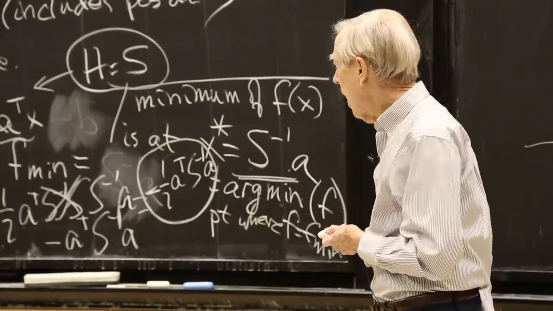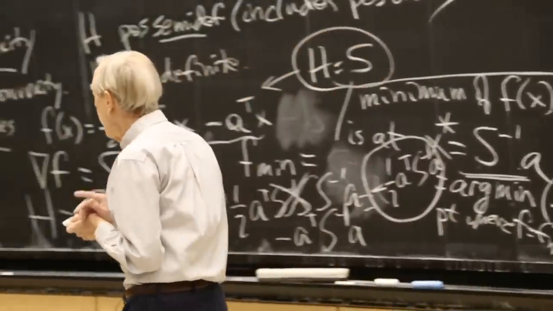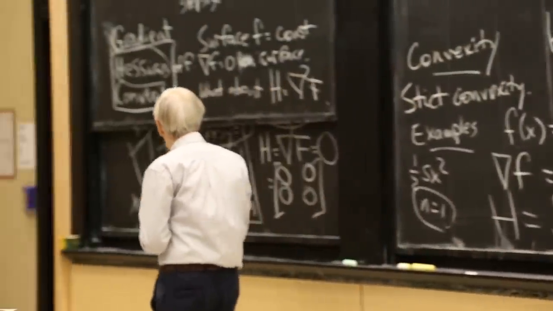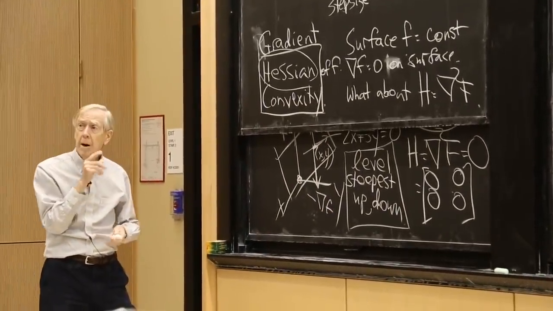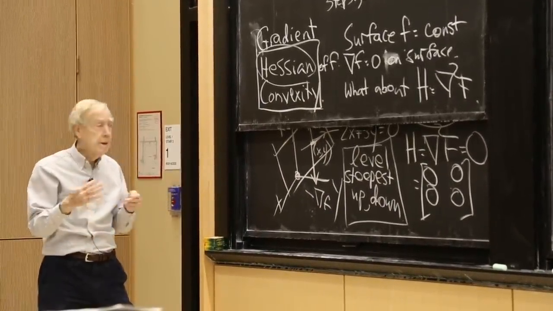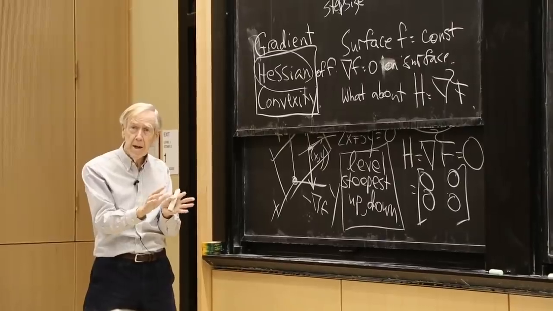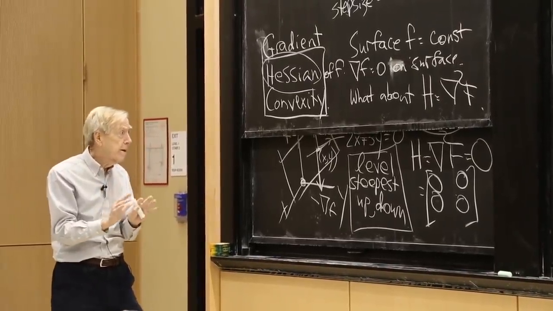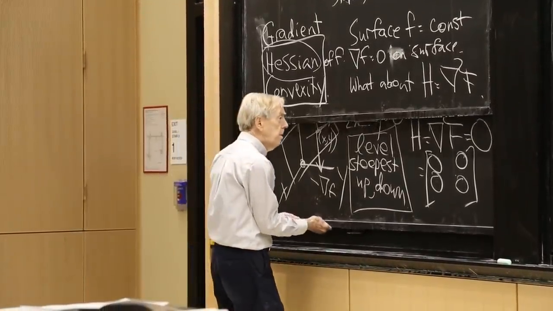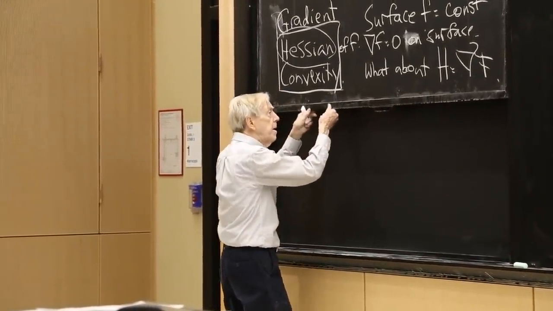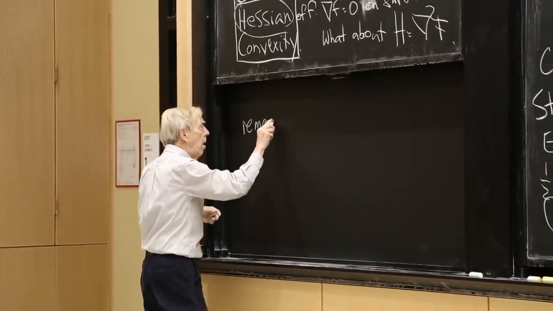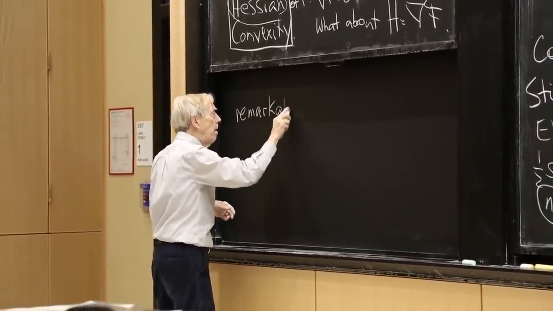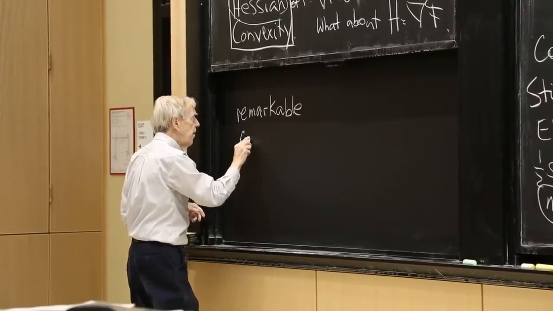Okay. I wanted to mention one other function, because I'm going to speak mostly about quadratics, but obviously the whole point is that it's the convexity that's really making things work. So here let me just put a remarkable convex function.